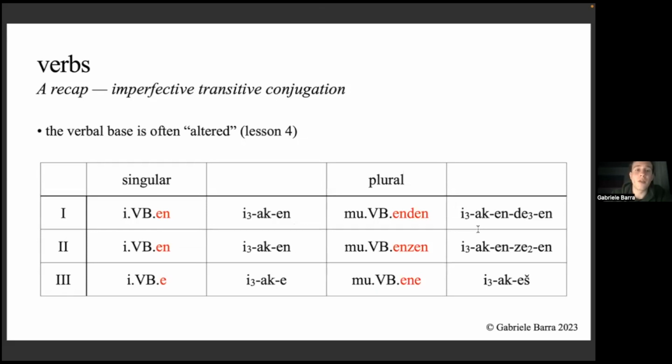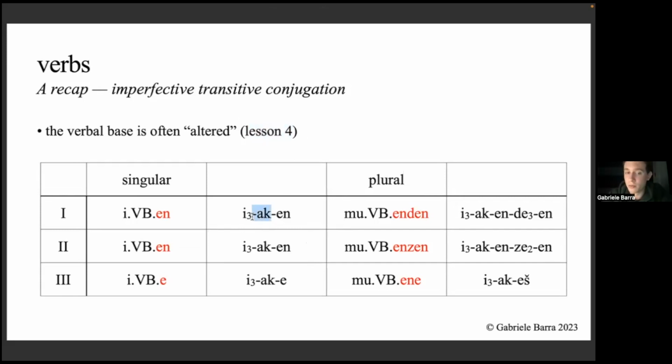Now we have imperfective actions, transitive, of course. Now, some verbs change from hamtu to maru, so from perfective to imperfective. And we have seen how in lesson 4. So some get a suffix, some get reduplicated, some change, like they look different, some don't change at all.